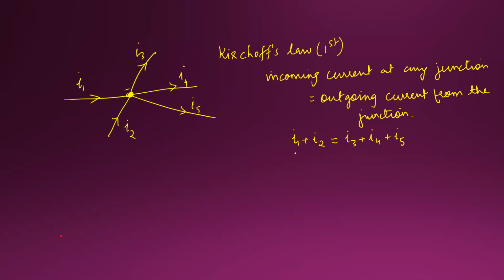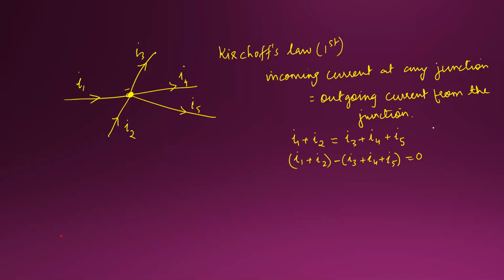Or we can write it in other way also, that is I1 plus I2 minus I3, I4, I5 must be equal to 0. If we are considering the incoming current as positive, that means the outgoing current will be with the negative sign. Or if you are considering the incoming current as negative, then outgoing current will be positive.